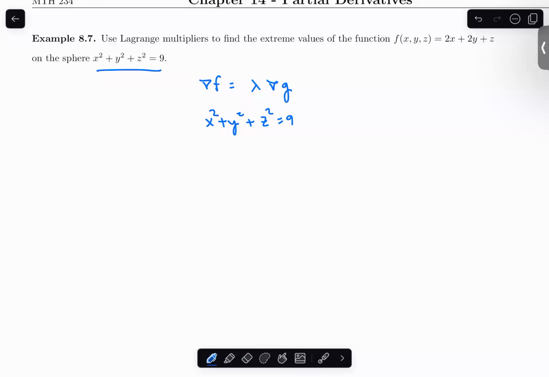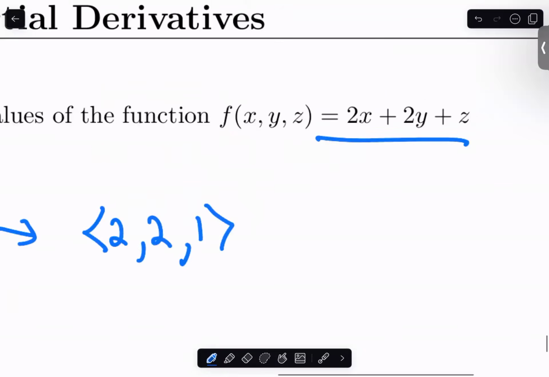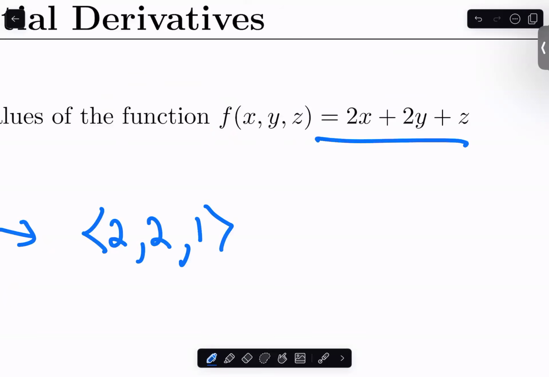Let's go ahead and set up and take our partial derivatives. So for finding the gradient of f, we're going to have what? 2, 2, 1. So this was me taking a partial derivative with respect to x first for my function, then with respect to y, then with respect to z.